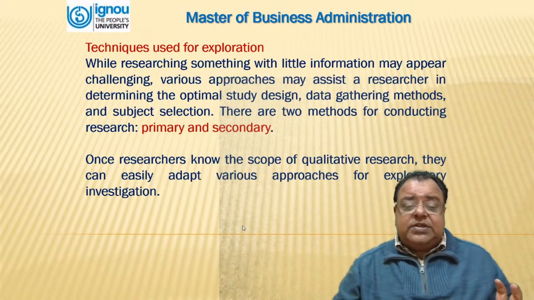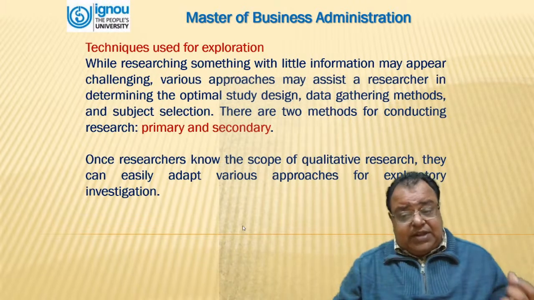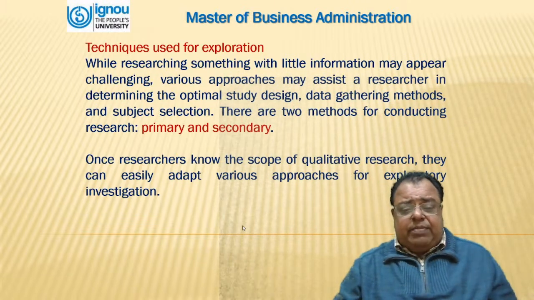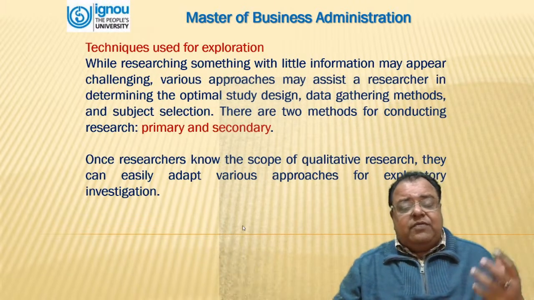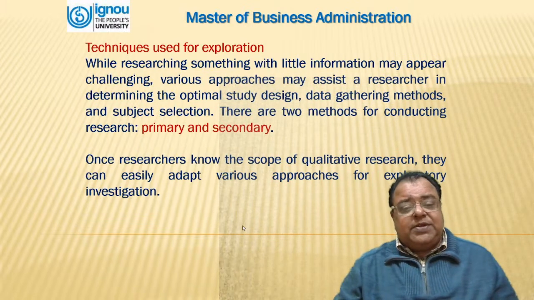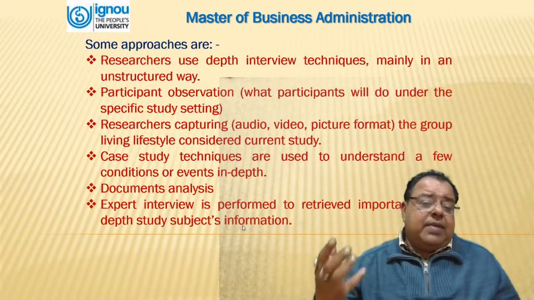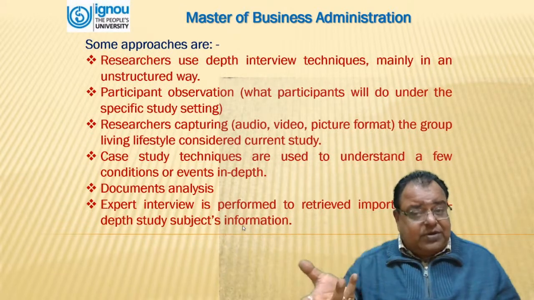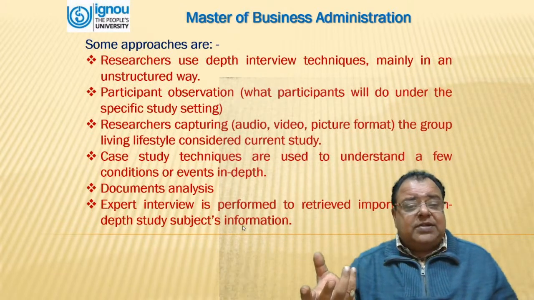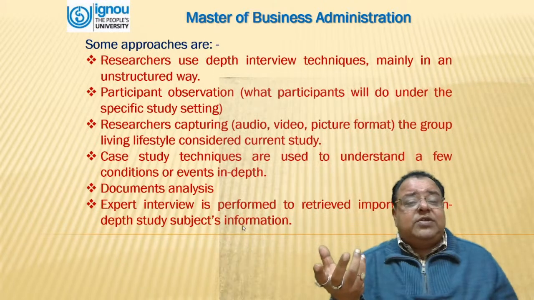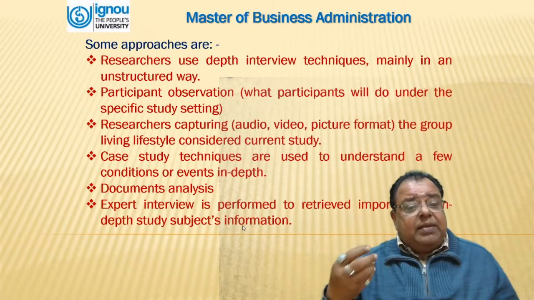Once researchers know the scope of qualitative research, they can easily adapt various approaches for exploratory investigation. Some approaches normally used by researchers are depth interview techniques, mainly in an unstructured way.